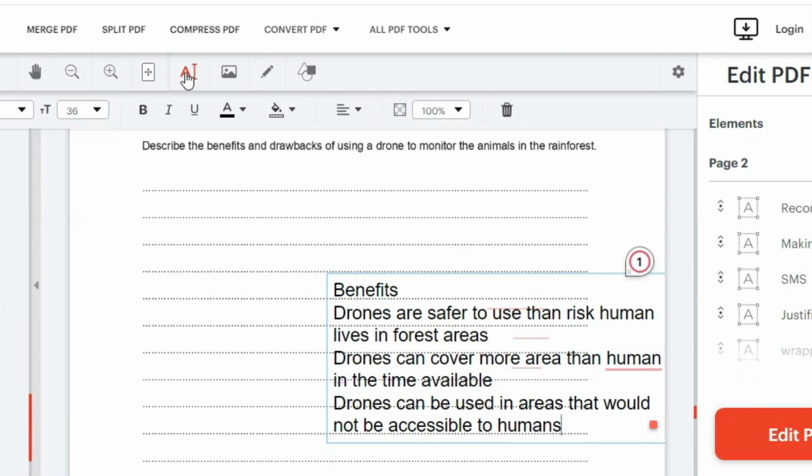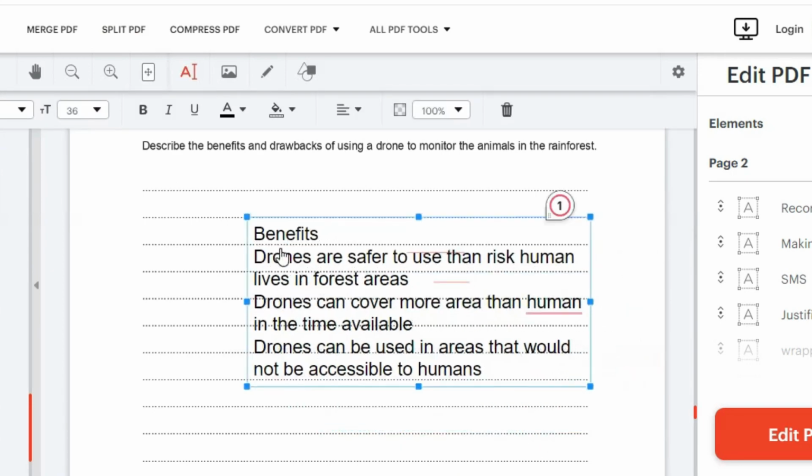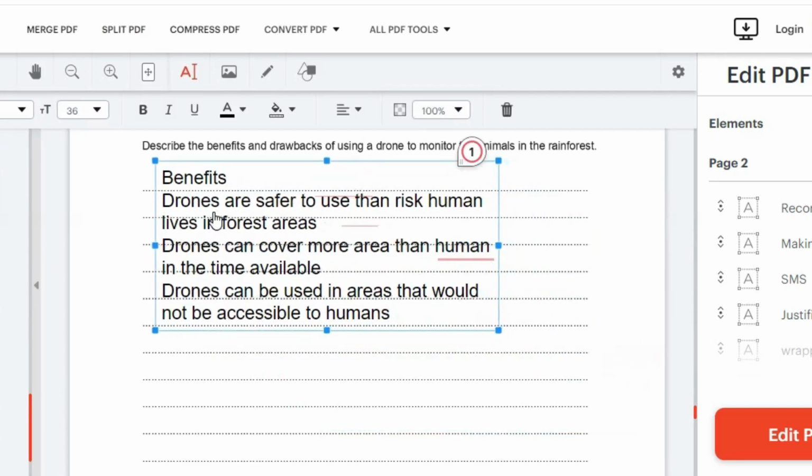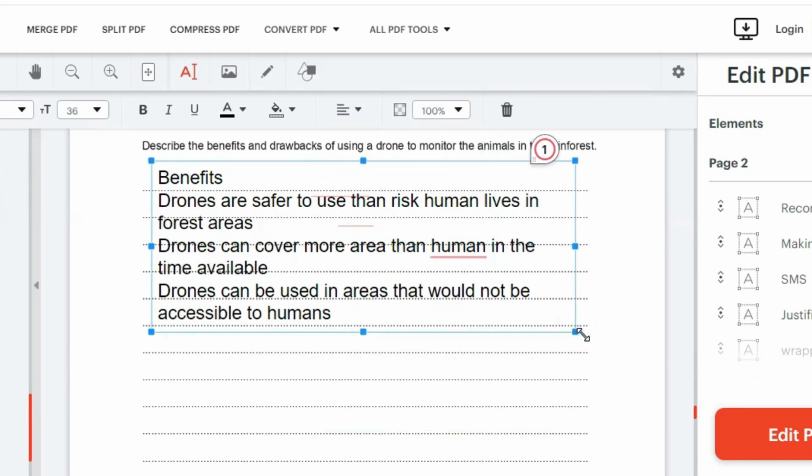All right. So these are 3 benefits. Others are drones can gain a better overall view of the forest than the human, and data from the drone can be automatically uploaded to a computer system. All those are other benefits of using a drone.